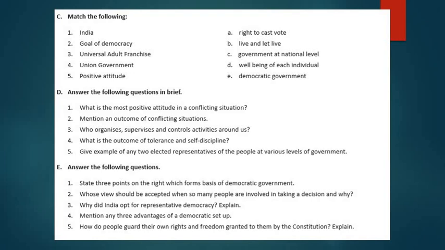I'll repeat the points again. First point, democracy aims at social, economic and political equality. Second point, democracy maintains harmony and balance in the society. Third point, it helps in maintaining peace.